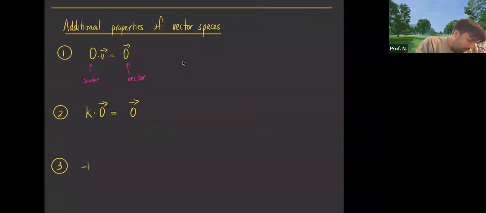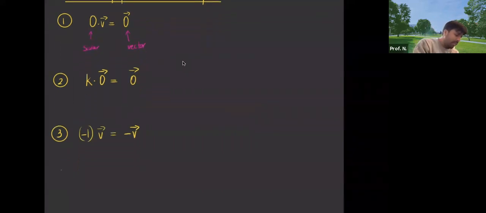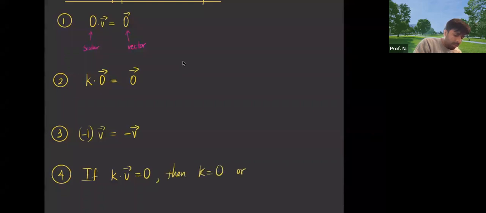If I have -1 times a vector v, -1 times v obviously should be negative v. And then lastly, we should get that if k times v is 0, then either k equals 0 or v equals the 0 vector.